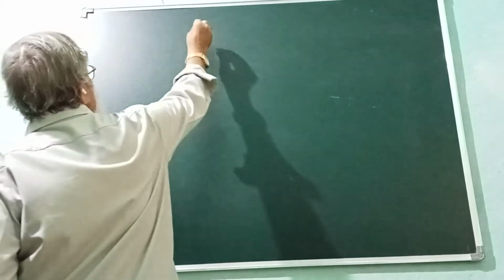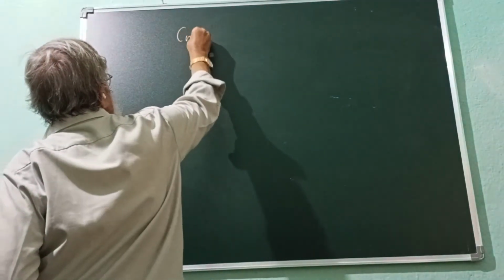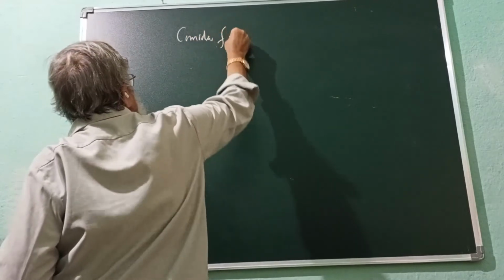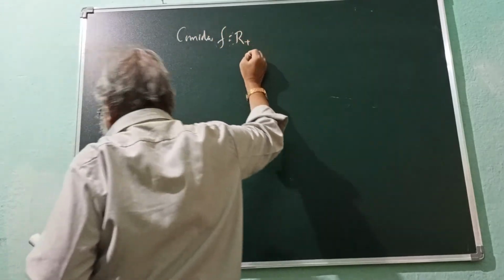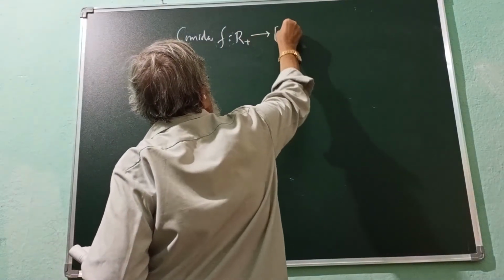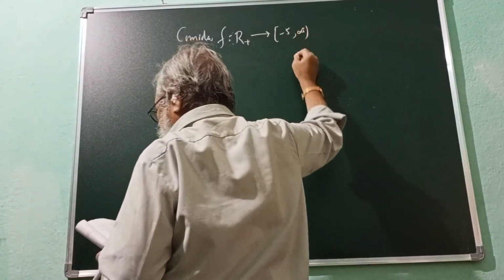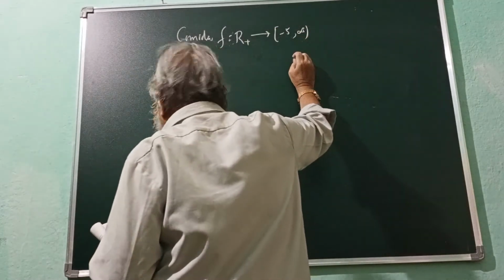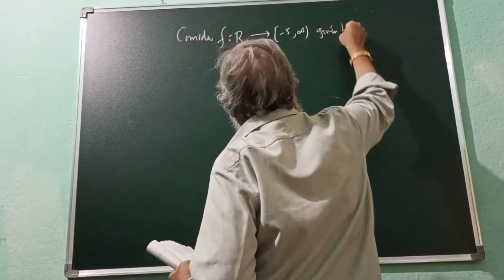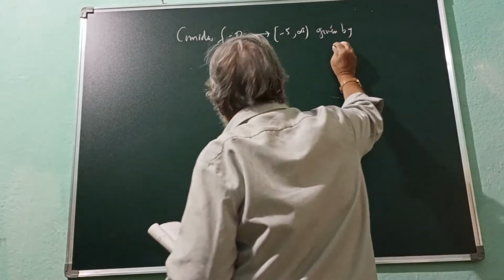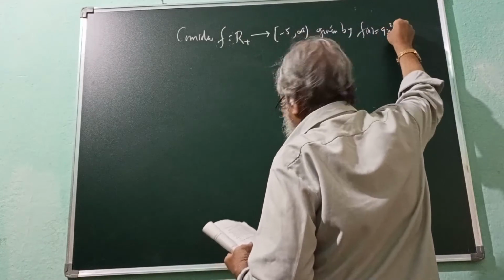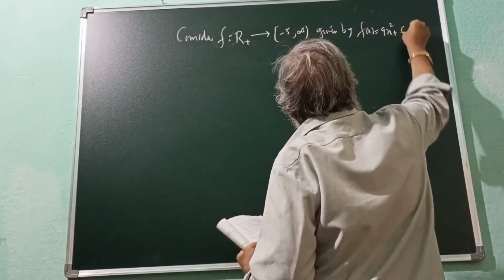Next problem, consider f is a function from the positive real numbers R plus to the interval minus 5 to infinity given by fx is equal to 9x square plus 6x minus 5.